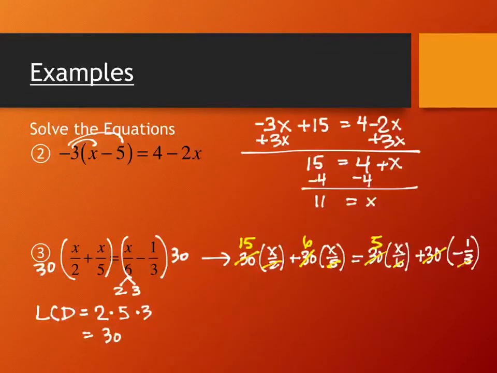And 30 divided by 3 will give me 10. And there's no more denominators. So what do I have? Well, let's just check it out. I have 15x plus 6x equals 5x, and it's actually minus 10 because there's a negative right here to keep track of.